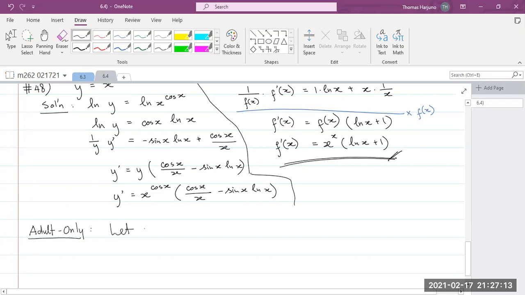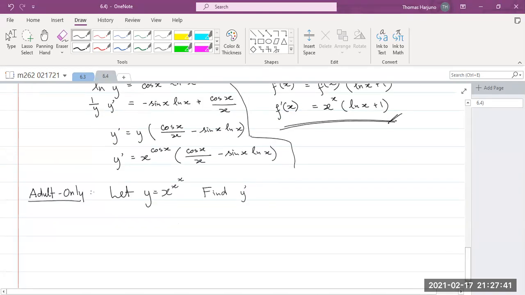Let y equal x to the x to the x. Find y prime. So to do this problem, let me give you a brief sketch of what should be done.